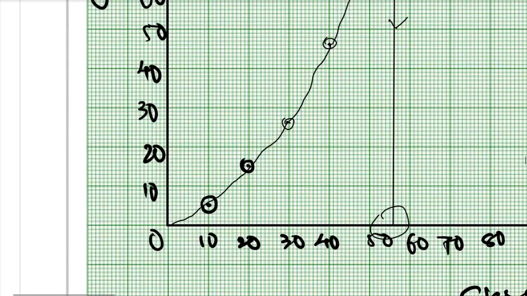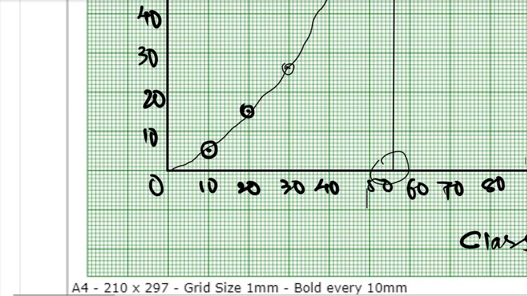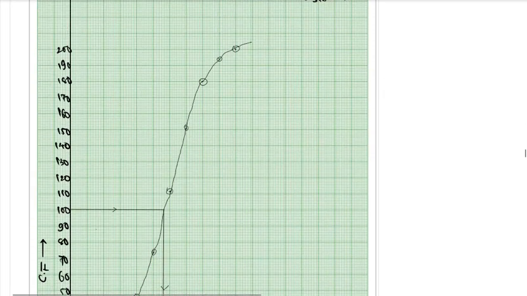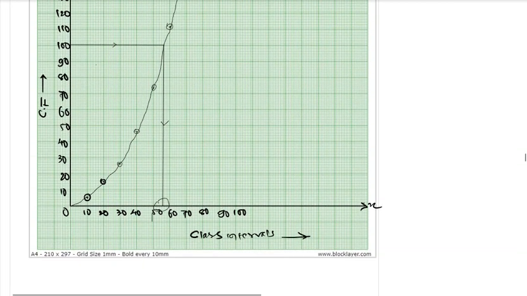Let's try. Yeah, so this is 51, 52, 53, 54, 55, 56. Yes, it seems now that it is 56. Let's zoom out. Right, so 56 is your median.